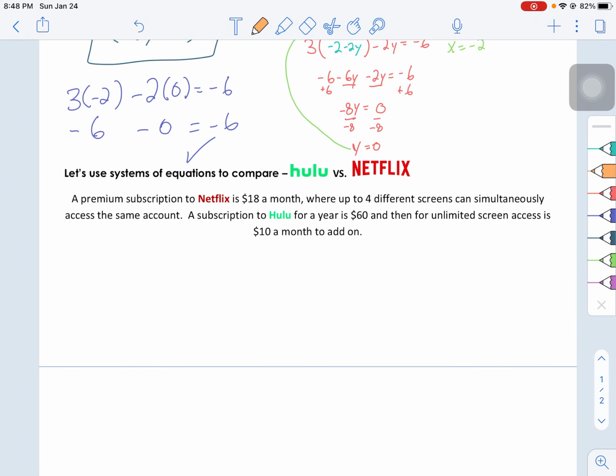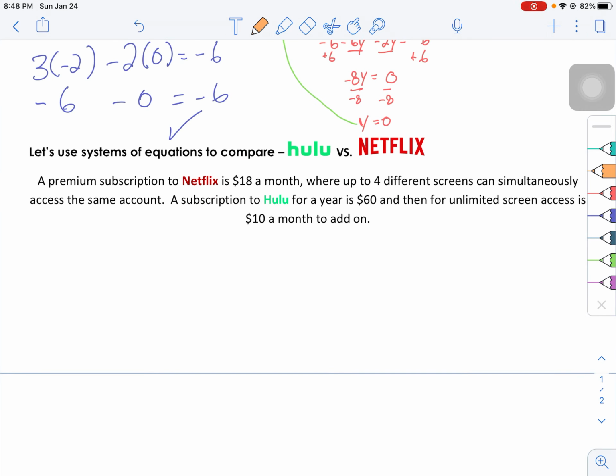what the costs are here. So we have one that's just $18 a month, and that's up to 4 screens. And then we have another one that's $60 for unlimited screens, and then $10 a month to add on. So let's first define our variables. We have per month and per month.